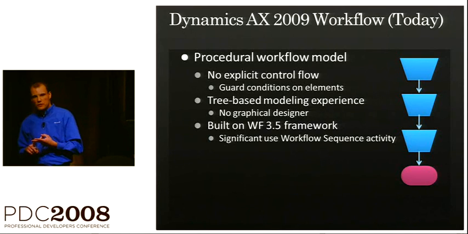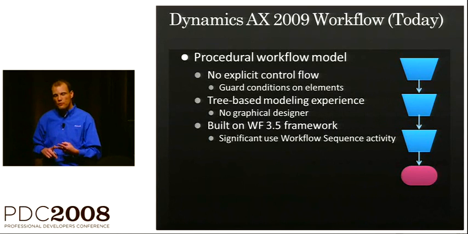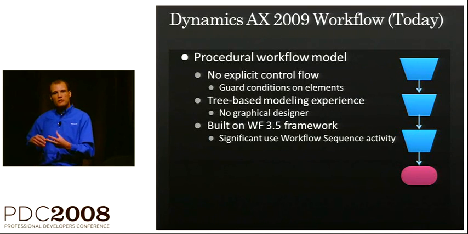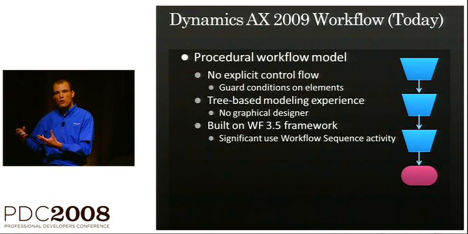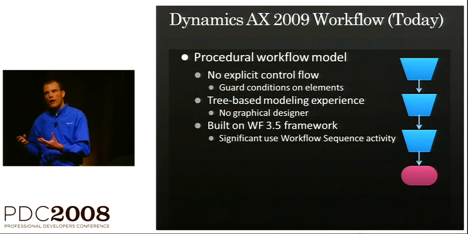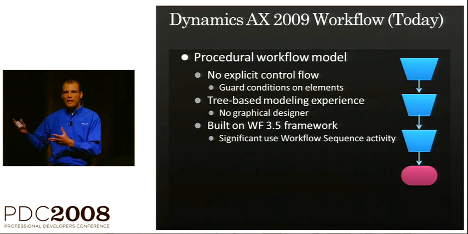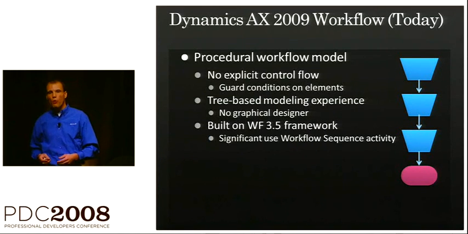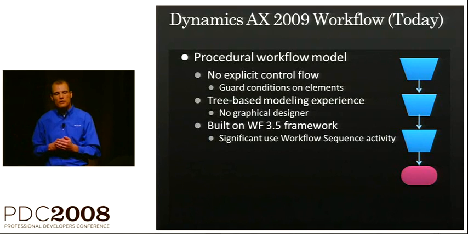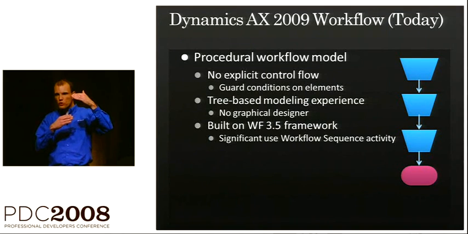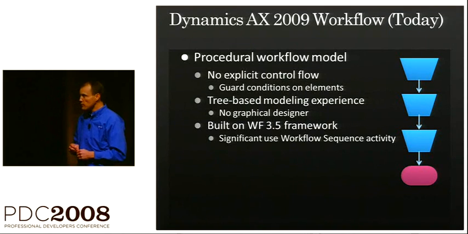Secondly, to rehost it wasn't necessarily easy to do. And thirdly, to build the custom activity designers was also a much larger task than it should have been. You basically can override on paint, and then, hey, you can go build whatever you want. But there's not a lot of facilities there to make it easy on us, so we ended up not building our own designer and having this more tree control experience.